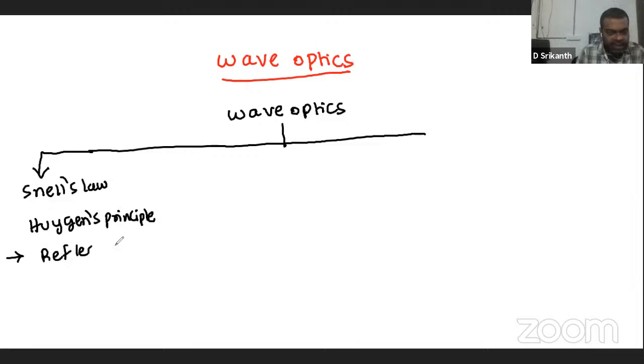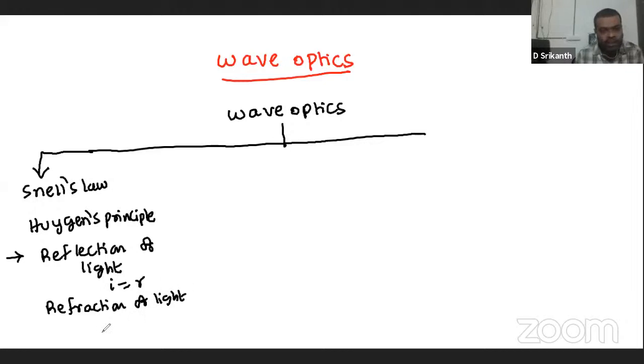In the reflection of light, we need to prove that angle of incidence is equal to angle of reflection, whereas in the refraction of light we need to prove that if the light ray is moving from denser medium to rarer medium, then angle of refraction is greater than angle of incidence.